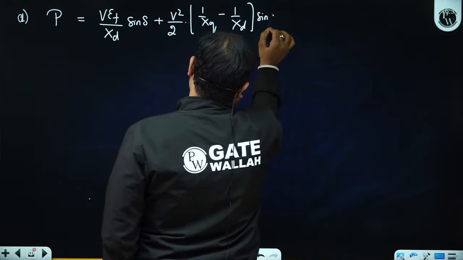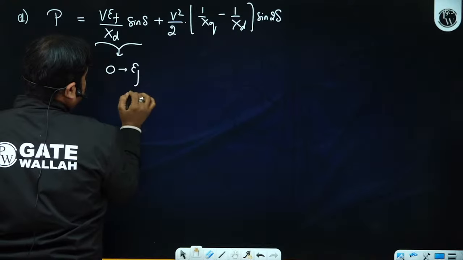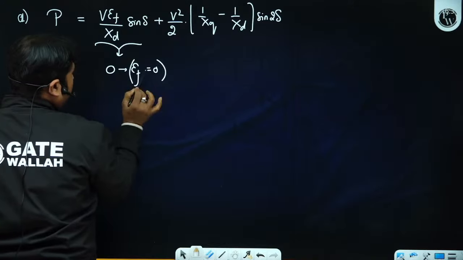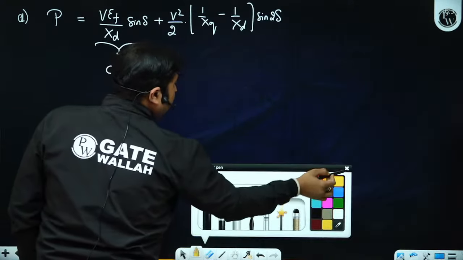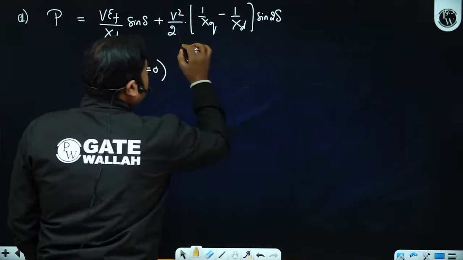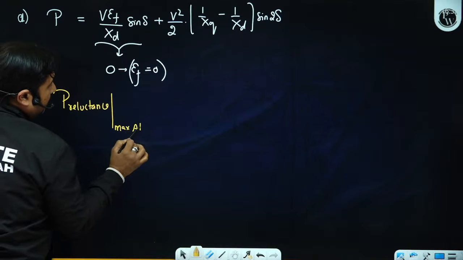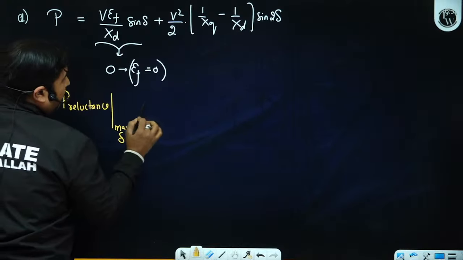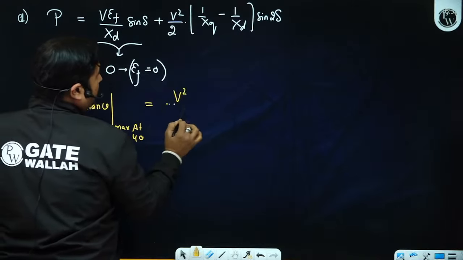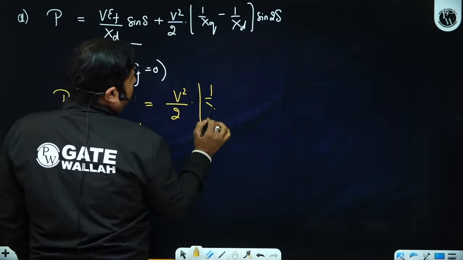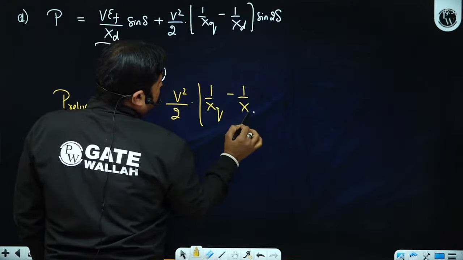With a loss of excitation, when EF is 0, the first term will become 0, and the reluctance power is maximum at delta equals 45. So you can write V square by 2, 1 by XQ minus 1 by XD.